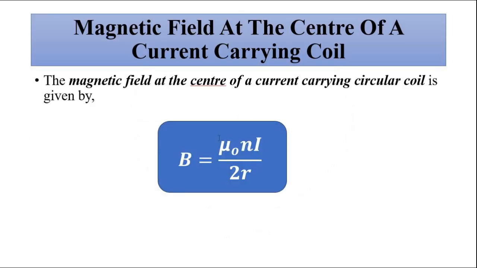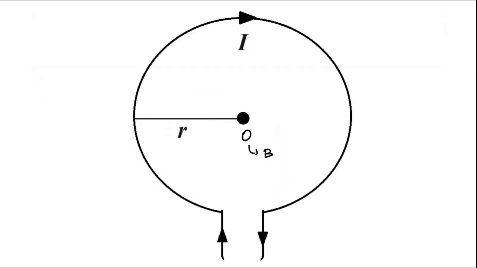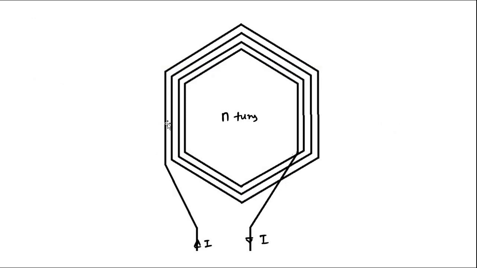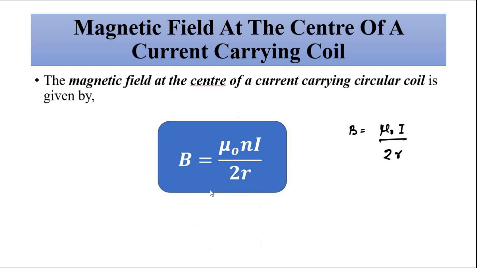The magnetic flux density at the center of the current carrying circular coil is given by mu 0 N I by 2R. For the single turn coil, this will become mu 0 I by 2R, and for a coil with 4 turns, that will become mu 0 4I by 2R.